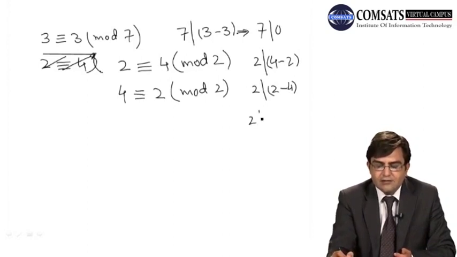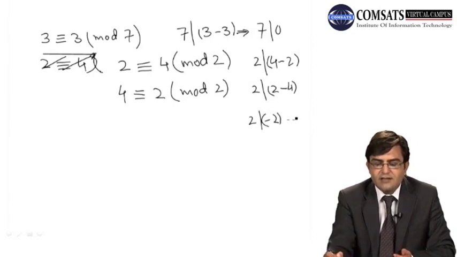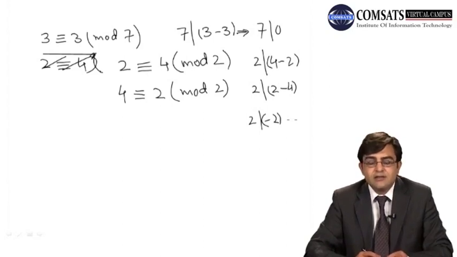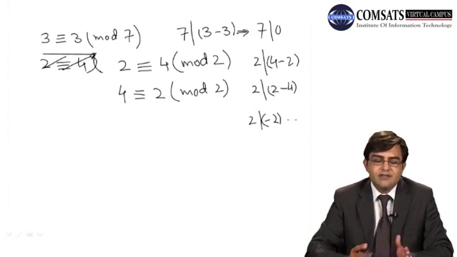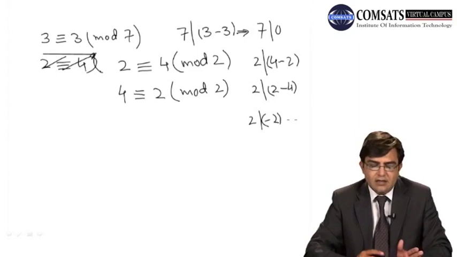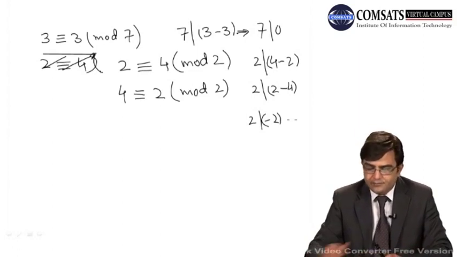So 2 also divides minus 2, which gives us minus 1. So we can say here that mod congruence is always symmetric. Symmetric means if a is congruent to b mod n, then b is always congruent to a mod n.